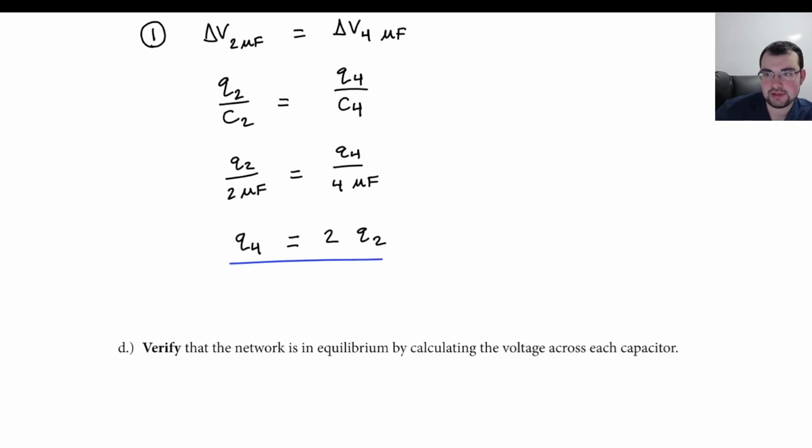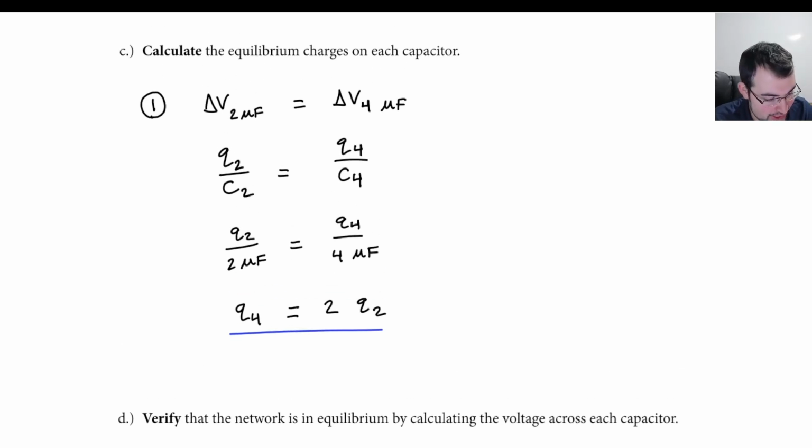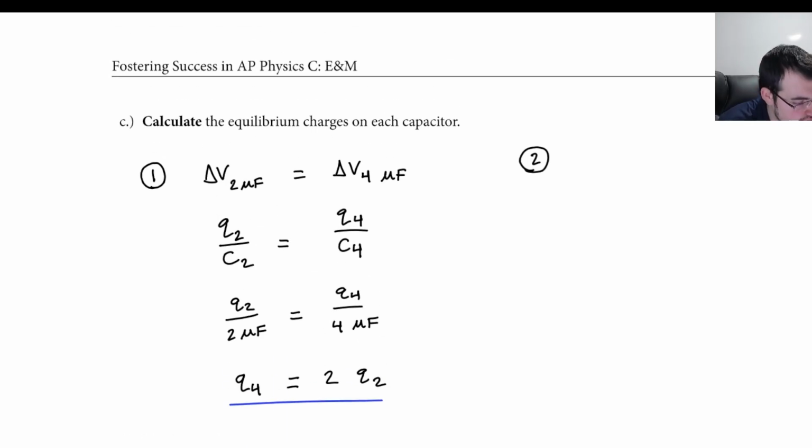That should make sense, because remember that capacitance tells you how much charge it takes to get a certain potential drop. So if I have a bigger capacitance, I need more charge to get the same voltage drop. And then we use our charge conservation equation, which says Q on the 2 microfarad plus Q on the 4 microfarad has to be some constant.